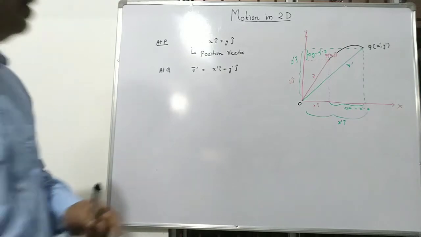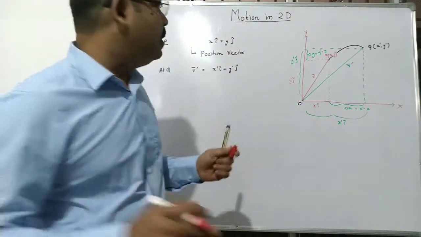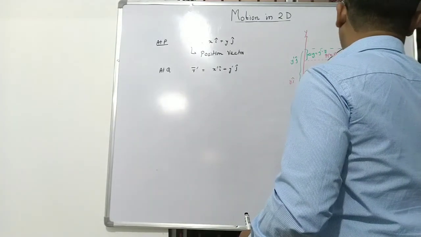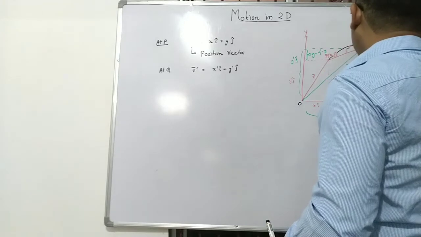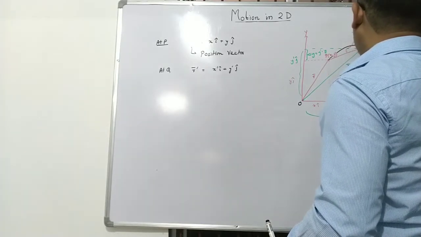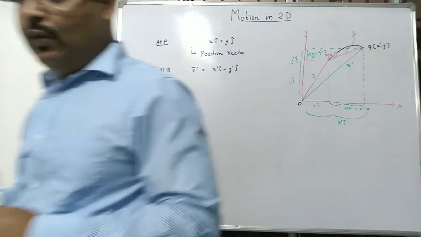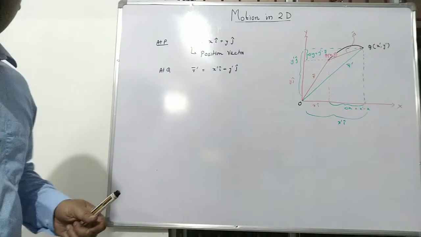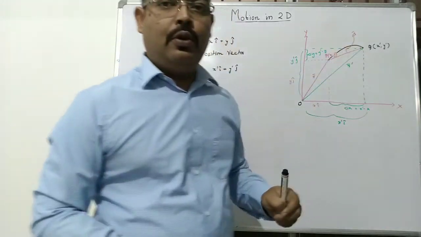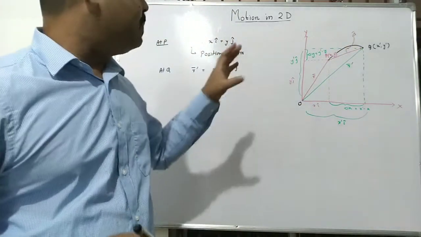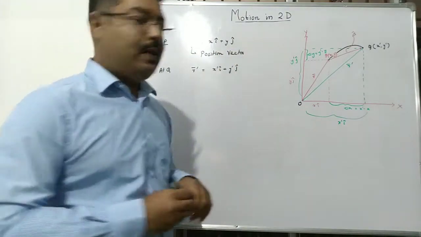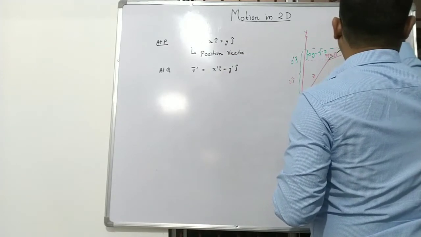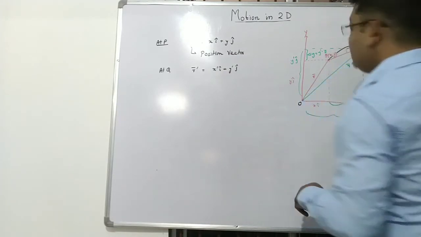The net displacement of the object will be given, by definition, by a vector from initial to final. So if I draw a vector from initial to final point, then this particular thing, delta r, will give you the displacement of the particle from P to Q. Now this vector that gives displacement of the particle will be known as the, yes, you guessed it correct, displacement vector.